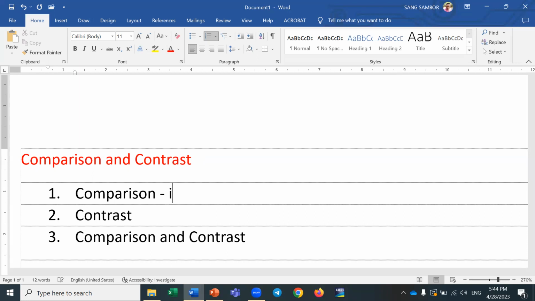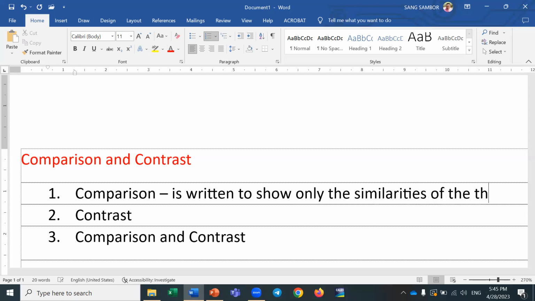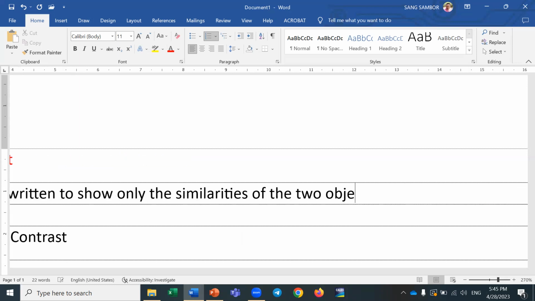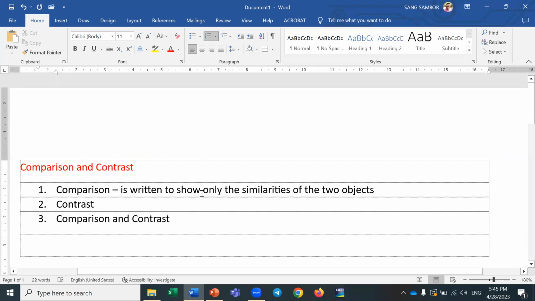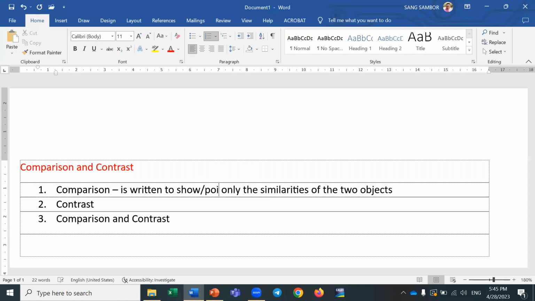So now, when you are writing comparison, comparison is written to show only the similarity of the two objects. For example, you may write to compare two objects, or you can also use another term, point out.